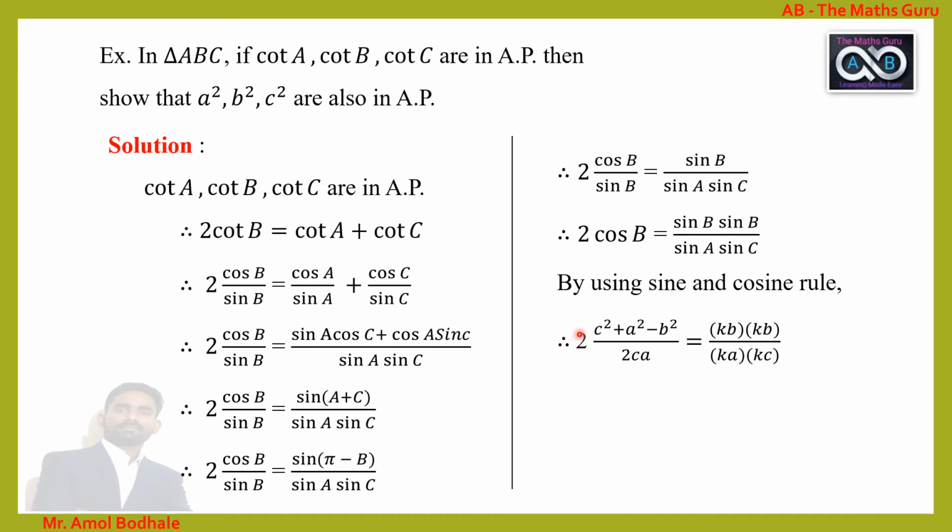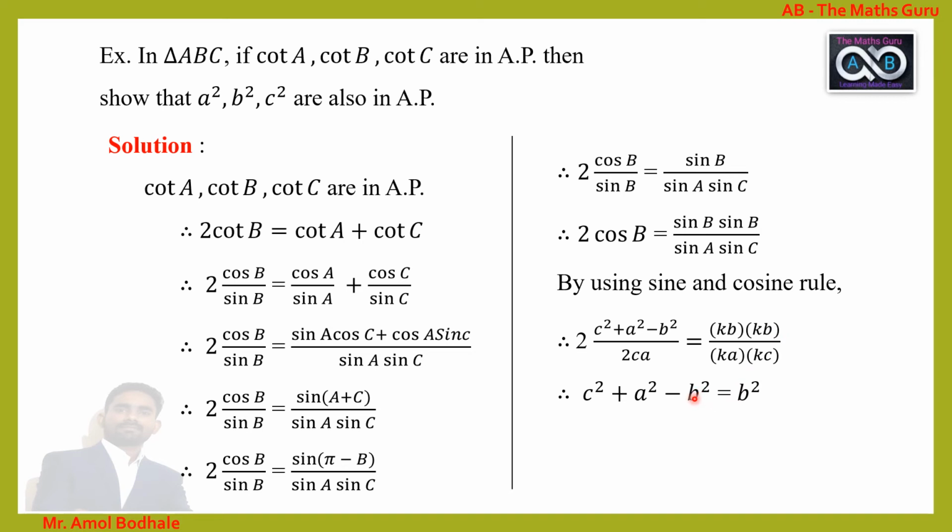So here we can cancel these from numerator and denominator. Here k into k, k square, will be cancelled from numerator and denominator, and we will get c square plus a square minus b square. Here c into a and c into a will be cancelled from both sides. Here b into b, that is b square.